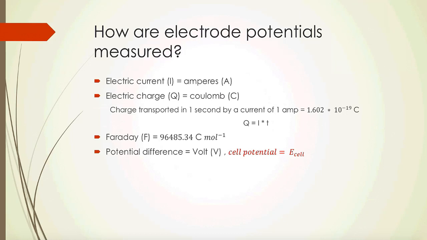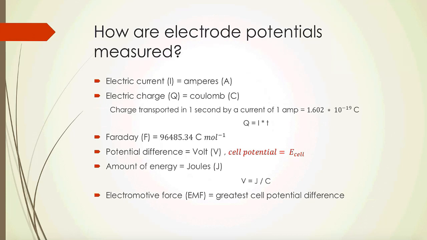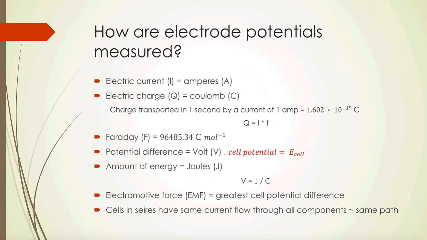Usually when we connect two different half cells together with a circuit, that's called a cell potential. The amount of energy is in joules. The electromotive force is the greatest cell potential difference. So you can call it cell potential difference, or you can call it EMF. Also remember that cells in series have the same current flow through all components because they're in the same path.